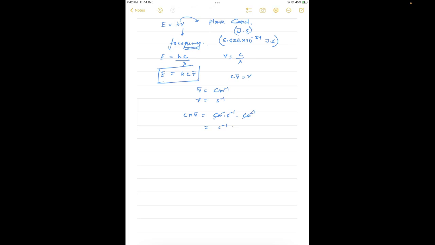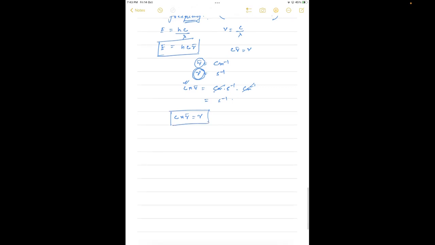So to get the value of frequency nu in second inverse unit, you have to multiply the wave number nu bar in centimeter inverse unit times the speed of light c. So c times nu bar will be nu. You have to be careful while interconverting this.